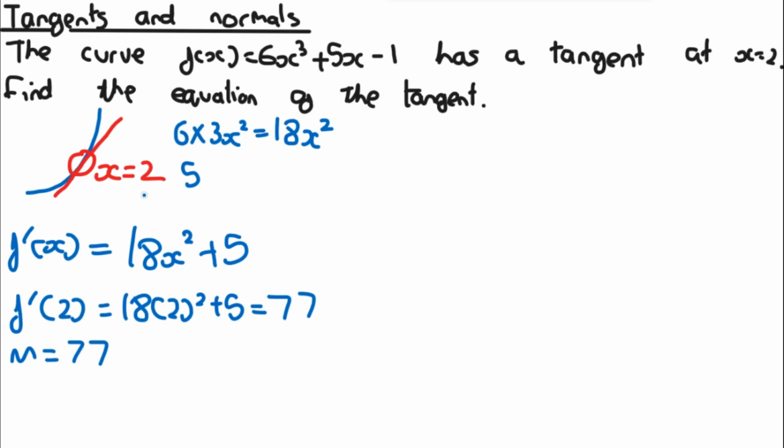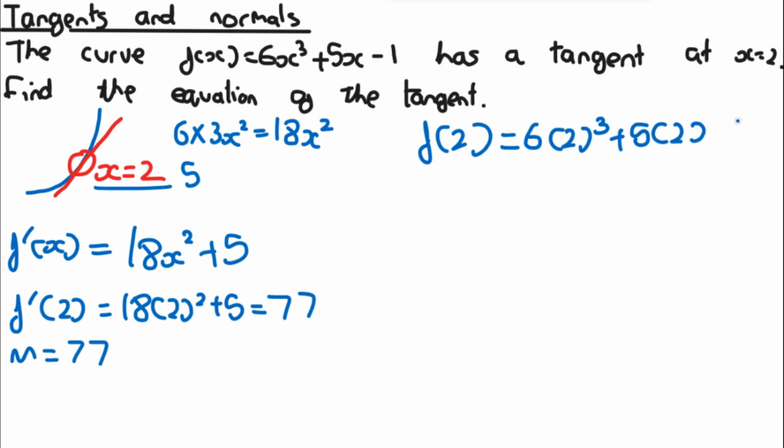And now we need to find a point. We know the x coordinate of this point, but we don't know the y coordinate. However, we can easily figure this out because we know the equation of the curve. Because it lies on the curve, f of 2 is equal to 6 times 2 cubed plus 5 times 2 minus 1, and if you put that into a calculator, that is equal to 57.